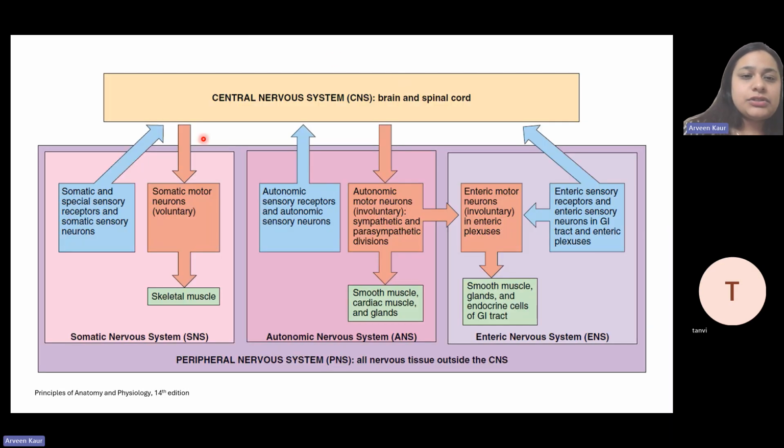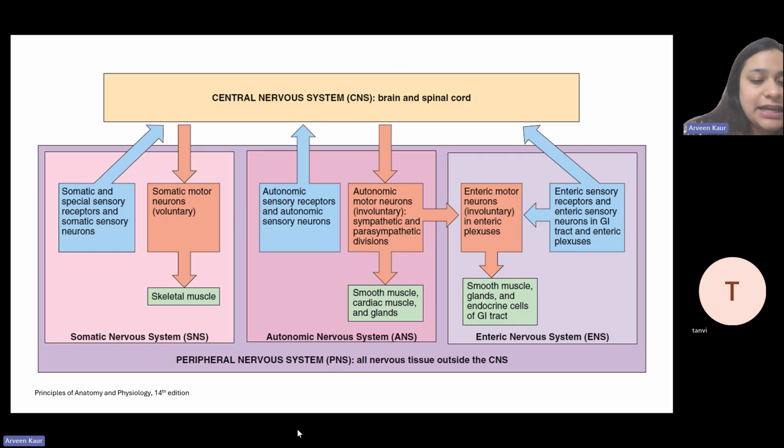Okay, so in summary, the central nervous system consists of the brain and the spinal cord, right? And then there is the peripheral nervous system, which is all of the nervous tissue outside of the CNS.